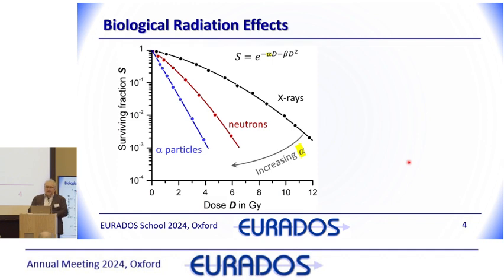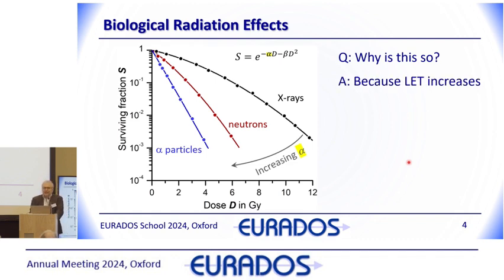What you see when you fit your measured points is that it's the parameter alpha of this linear quadratic relation that is changing, while beta is usually not changing too much between radiation qualities. And the question is why? Why is this so? The usual answer is because the LET increases.